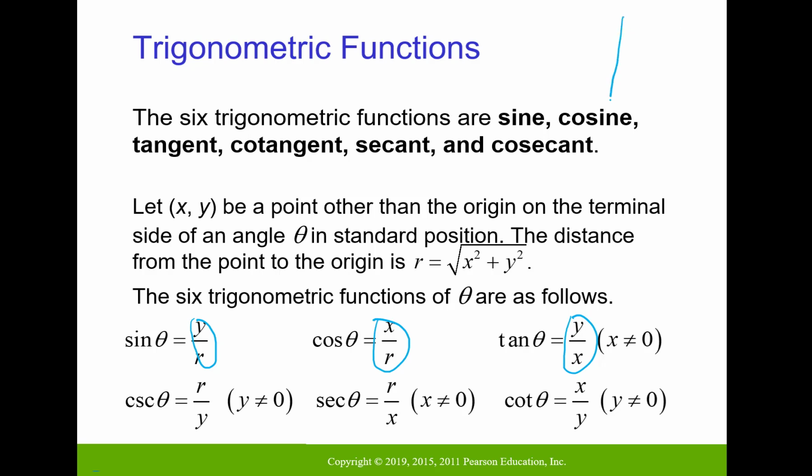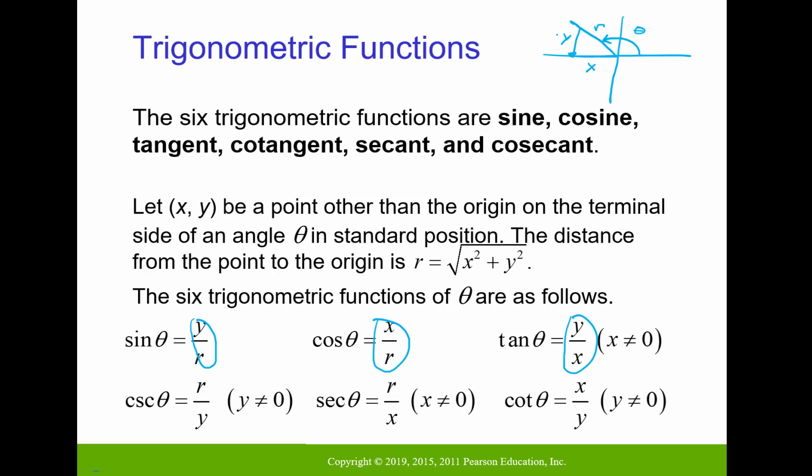So thinking back to our picture here, we created this angle just from sweeping out theta, whatever theta happens to be right here, and then we made a right triangle with this. So from there we said, okay, here's our right triangle, and we have this height of this triangle is y, and then this length or base is x, and then you can use Pythagorean theorem to find r, or distance formula, and then just those numbers we use in our trig functions.